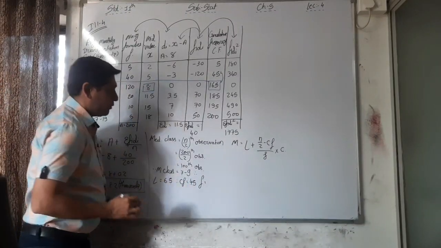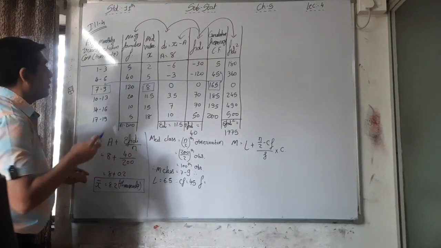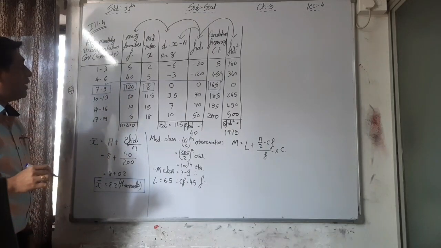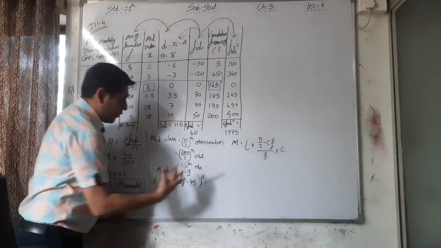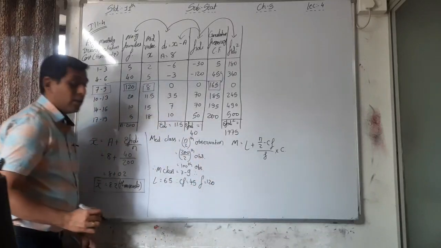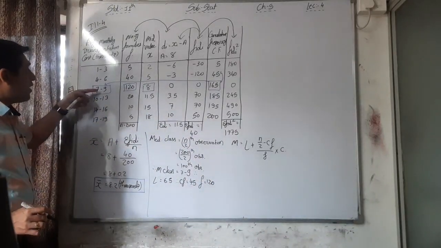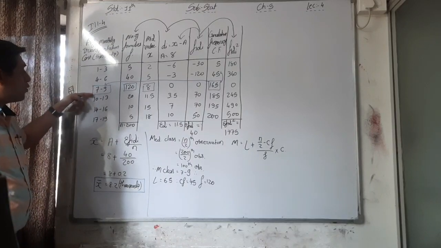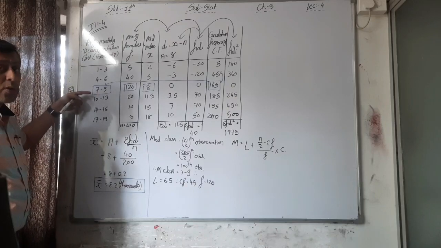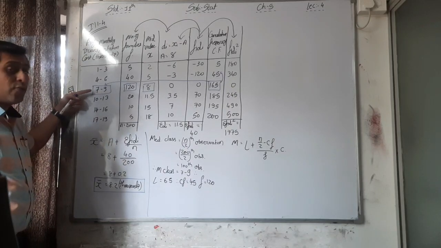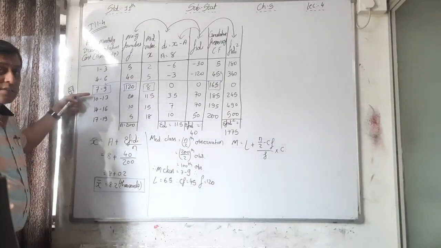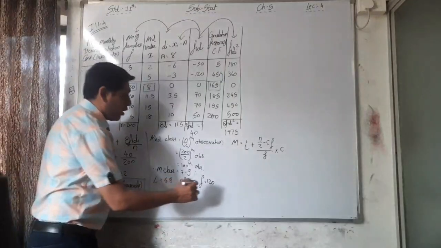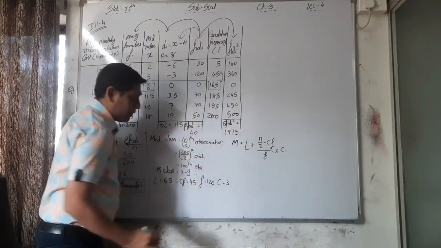F is the corresponding class frequency, that is 120. And here the difference is not 7 to 9 but 7 to 10. Whenever the data is inclusive, we take the lower class boundary minus the lower class boundary of the two different classes to find the class interval. So here 10 minus 7, C is equal to 3.